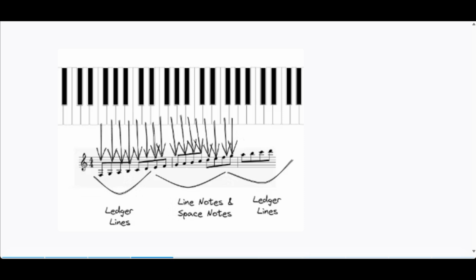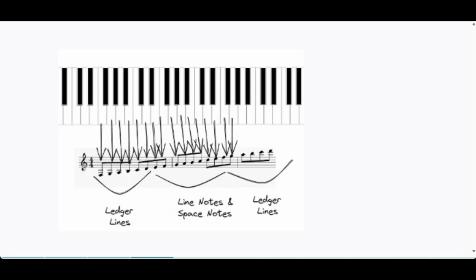So you might have seen something like ledger lines, line notes and space notes. I'll explain that now. Ledger lines, line notes and space notes are the ones that you might know from the lessons before. Line notes are obviously the notes written on the lines, from the spaces and lines lesson, from the stave lesson.